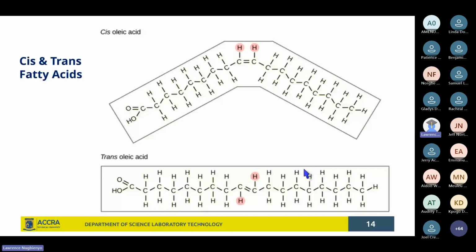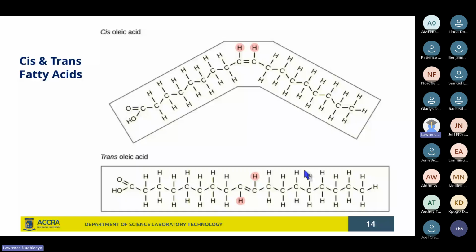But of course, naturally, say if you take the cell, let's say cell membrane, or say you take biological systems, say even plant oils that are extracted from plants, let's say your cooking oil, for instance.